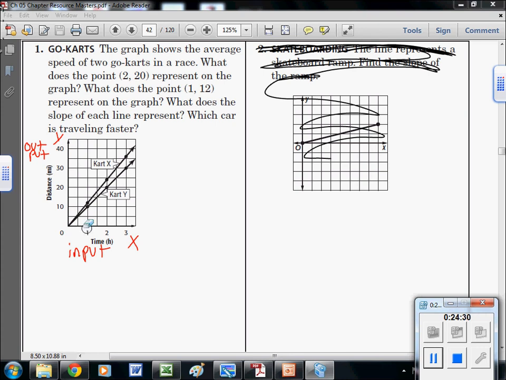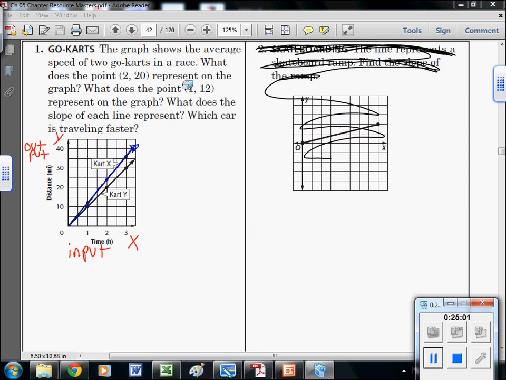Okay, so go-karts. So let's see. After 1 hour, cart X, you notice, is that top line. So cart X, after 1 hour, has gone a little bit more than 10, not quite 15, so it looks like 12 or 13. And in fact, looking at the question, it's probably going to be 12. So cart X, I'm going to trace them in blue. Cart X, after 1 hour, has gone 12 miles because it says it's measured in miles over here.